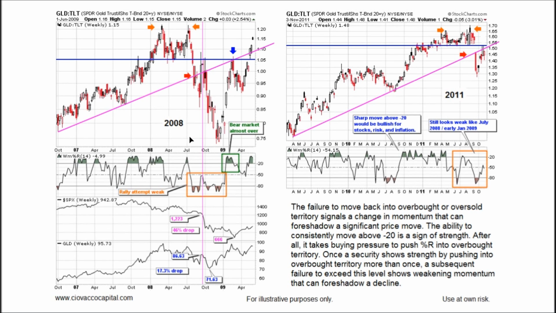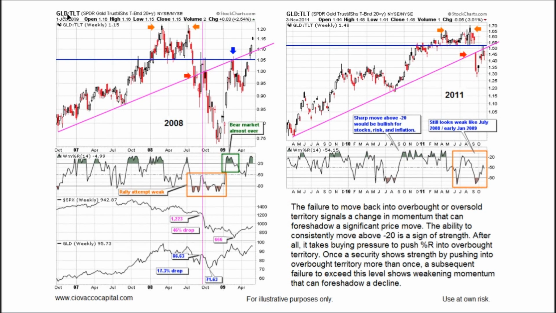Before we start, we're going to look at 2008, but it should be noted that the present day doesn't need to be similar to 2008 to get good signals from this ratio. Why? Well, this ratio is somewhat the ratio of inflation expectations and strong economic activity, which would be GLD, versus deflation expectations or a weakening economy, which would be TLT.